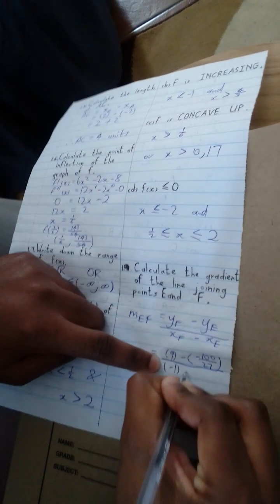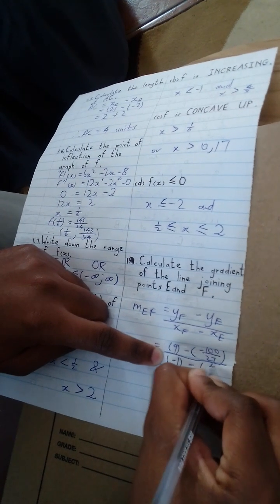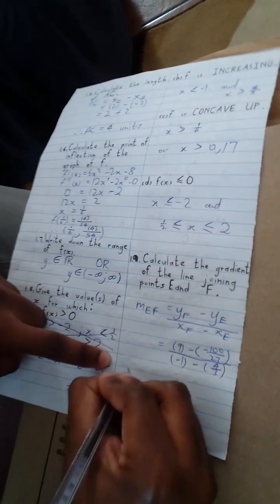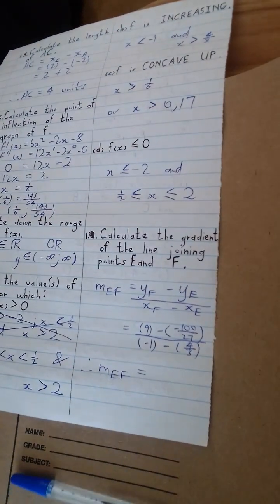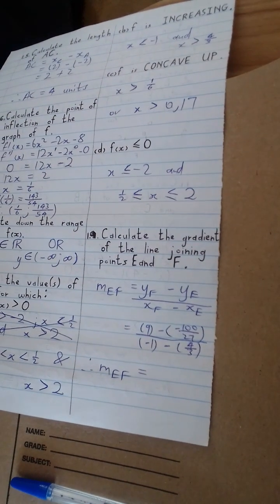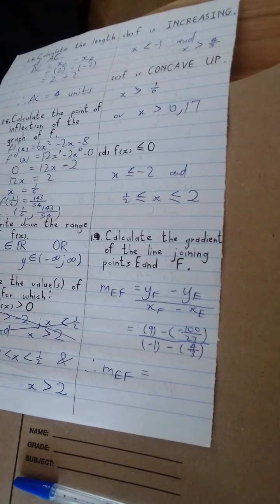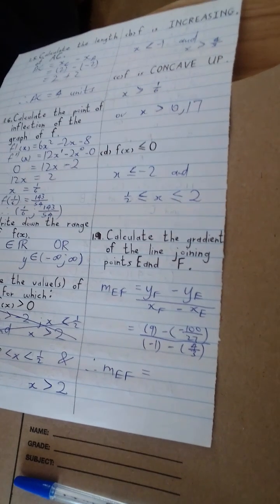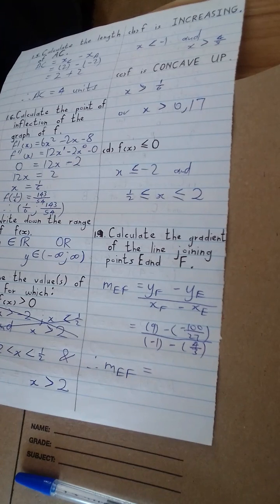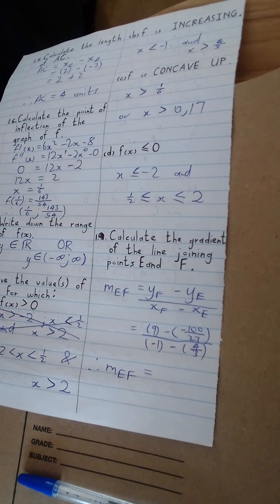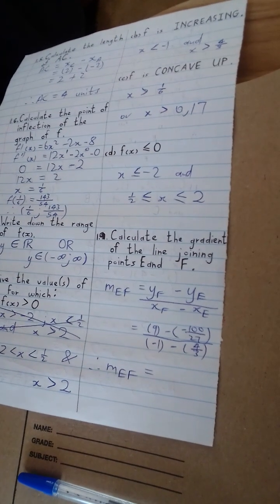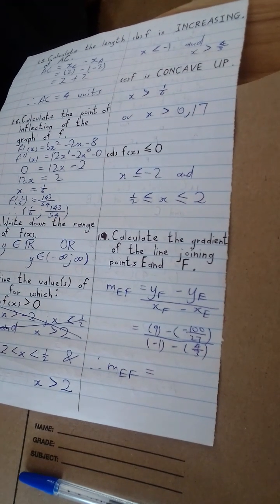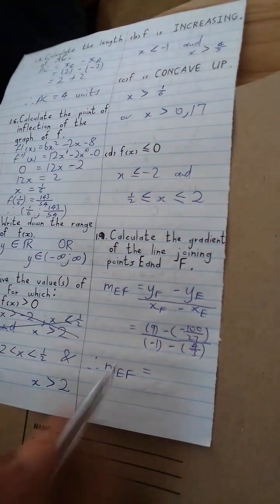Negative 1 minus 4 over 3. So the gradient is negative 49 over 9.